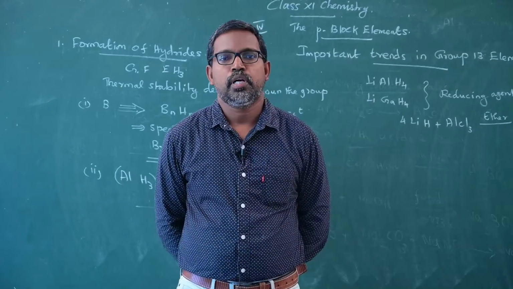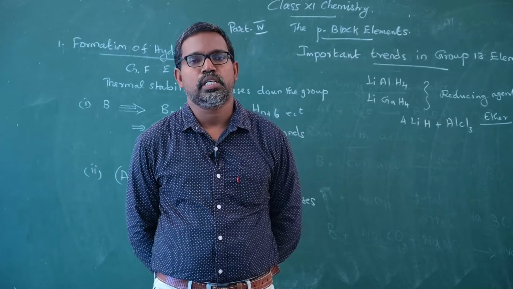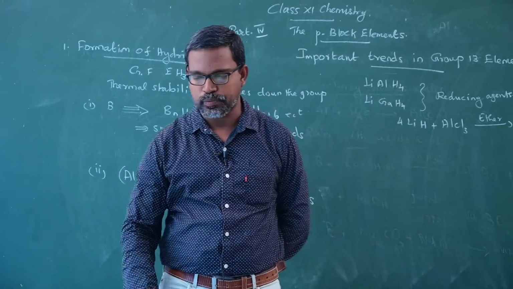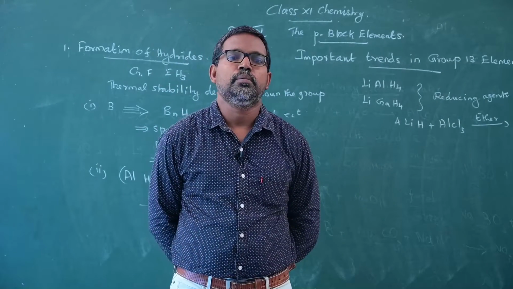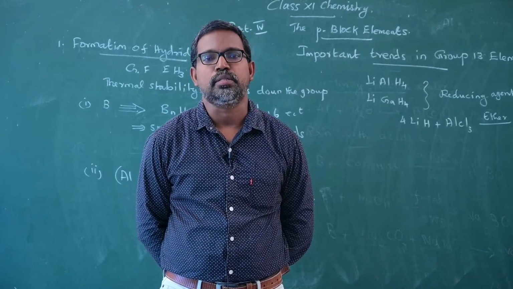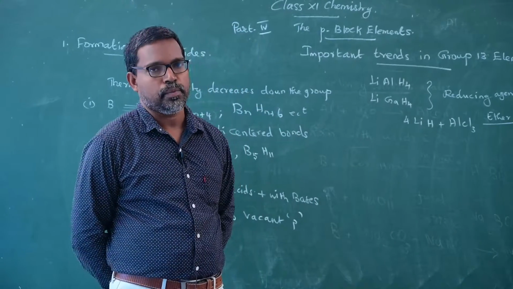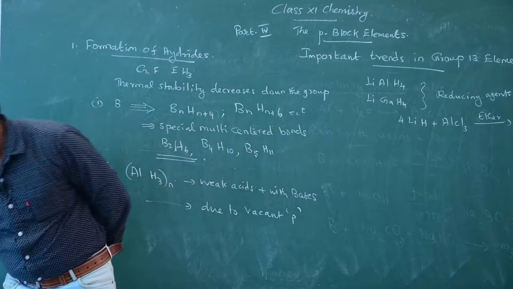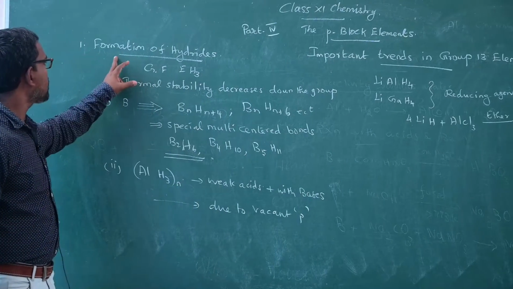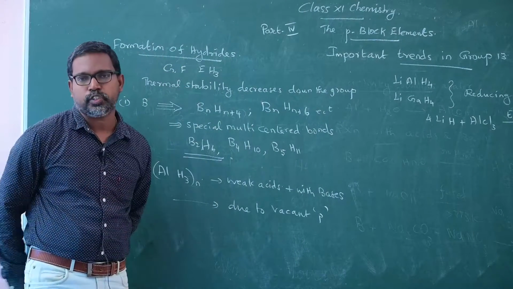Under the p-block elements, now we are going to discuss some important trends in group 13 elements. So far we discussed the chemical reactivity and nature of compound formation in group 13 elements. The first aspect we are going to discuss is the formation of hydrides.